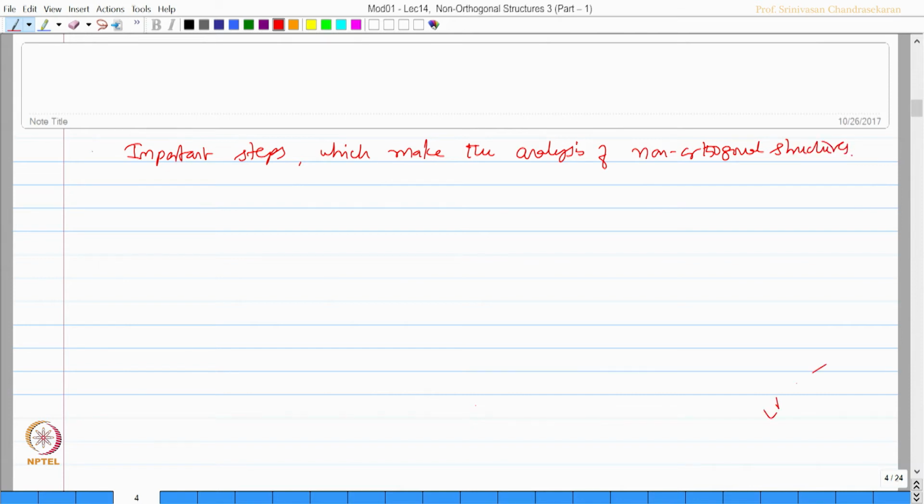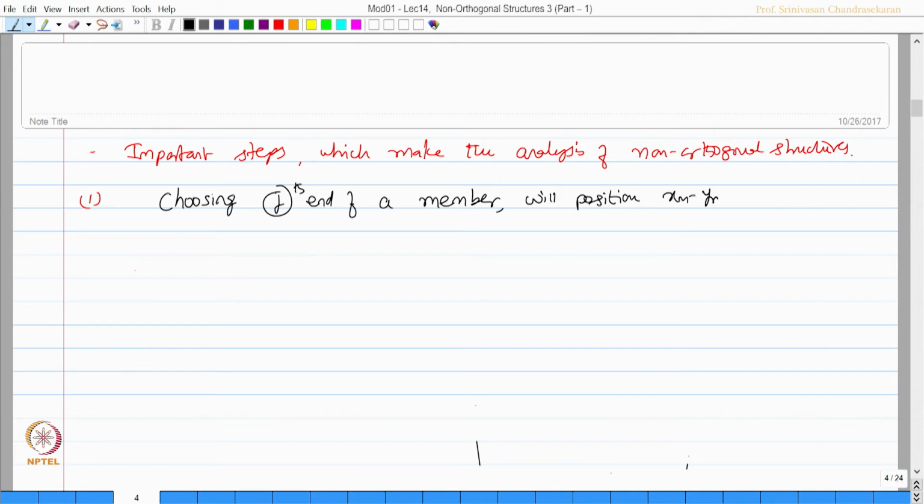Let us see this. First step could be choosing the jth end of a member, which will position the xm ym axis of the member.